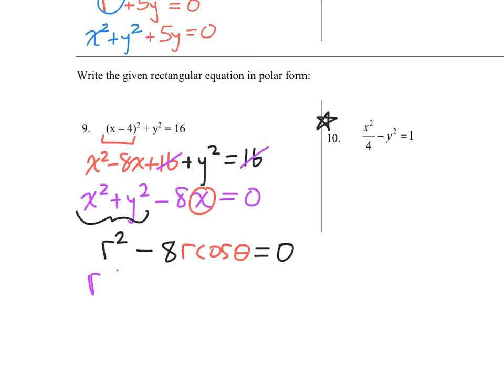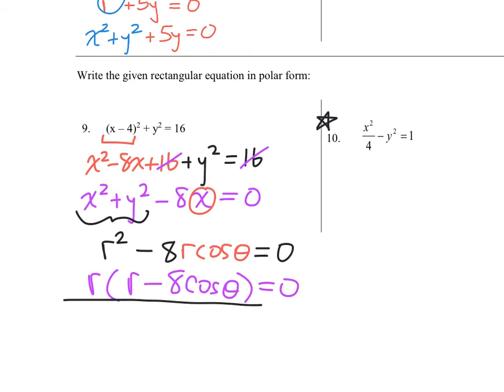I have a common r that can be factored out. And if I set each of those factors equal to 0, I get r equals 0. Now, in function notation, like a rectangular coordinate system, if x was equal to 0, we'd be talking about a position within the coordinate system.